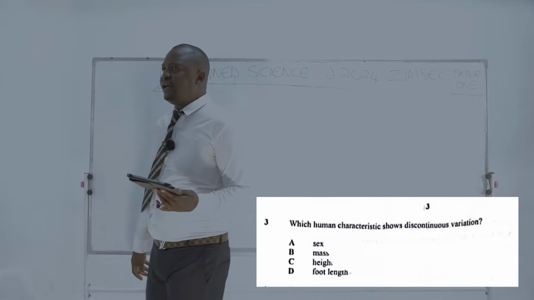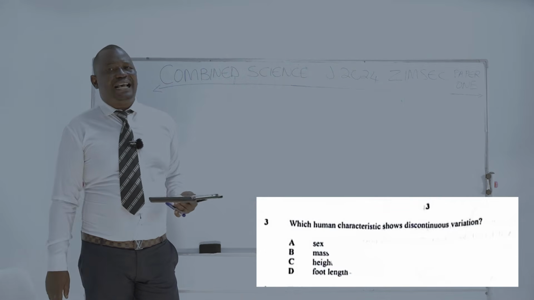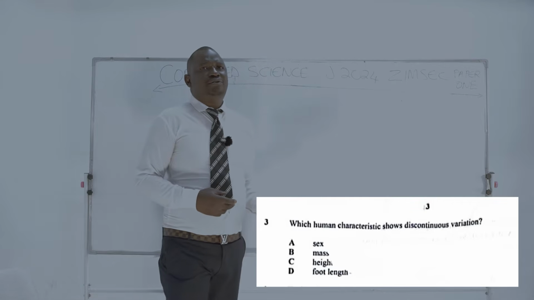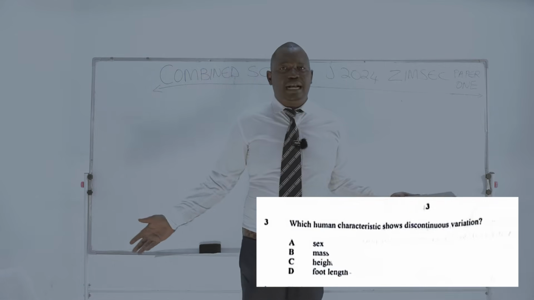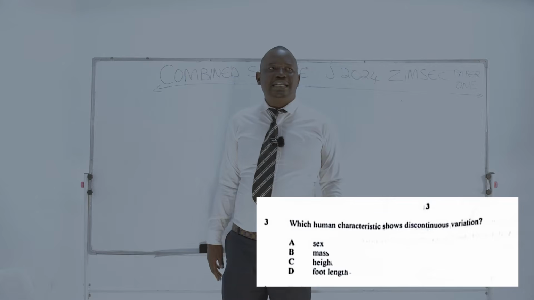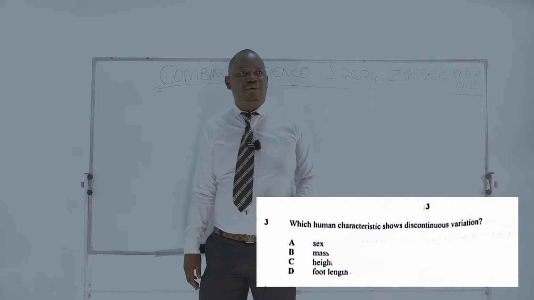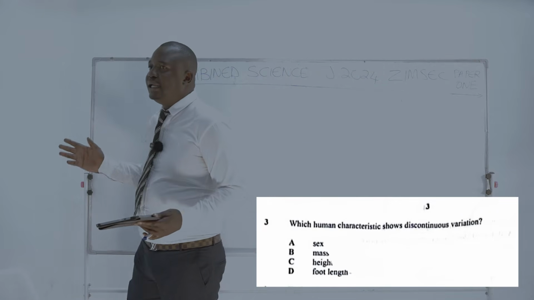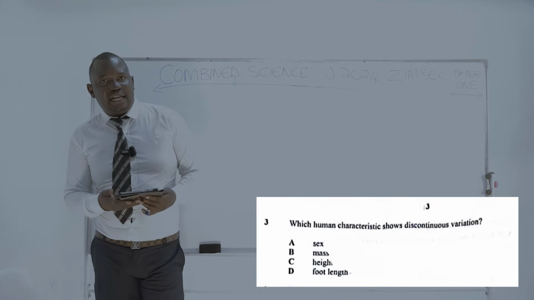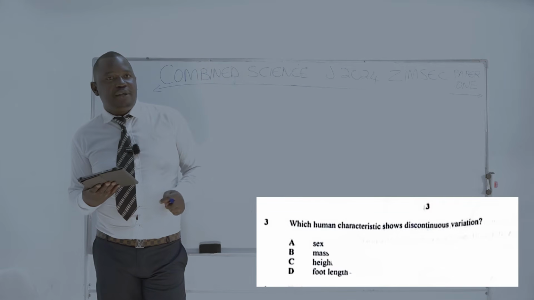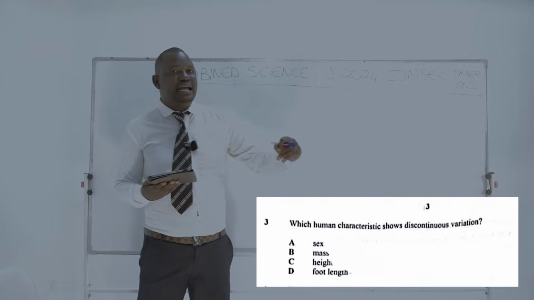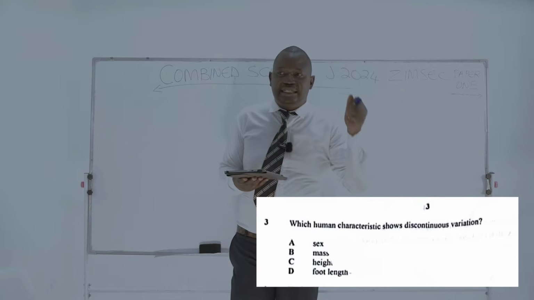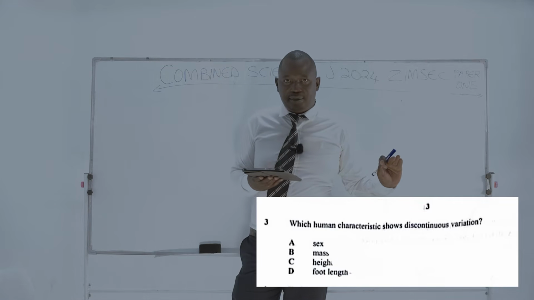Continuous variation is where we have many intermediates, for example if we measure the height of people in a class, you see the heights differ: 1.3, 1.7, 1.4, 1.3. Discontinuous variation does not have many intermediates. For example, tongue rolling: either you can tongue roll or you cannot.